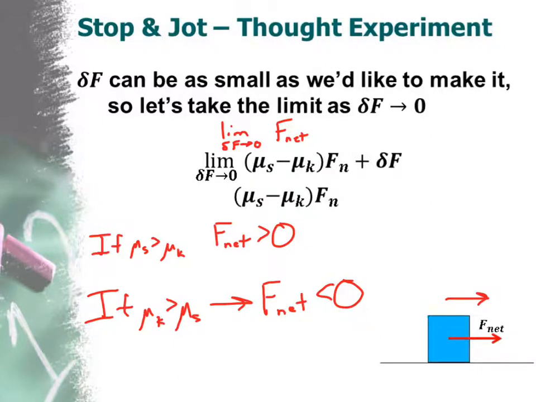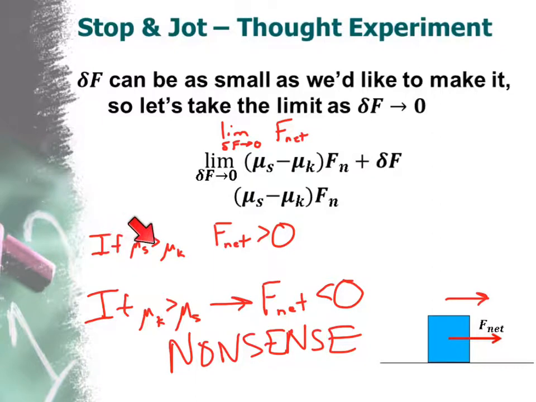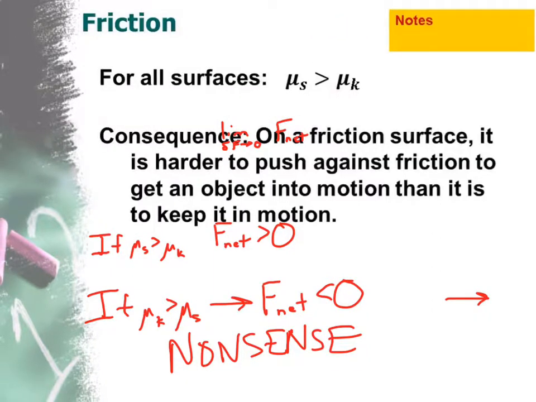That's nonsense. So we definitely know that this case is nonsense. So it has to be true that your coefficient of static friction is greater than your coefficient of kinetic friction.